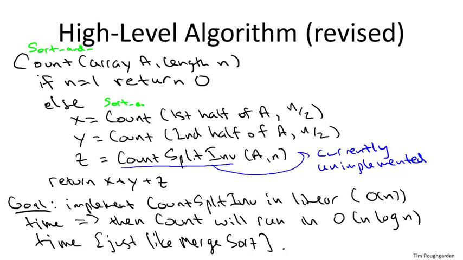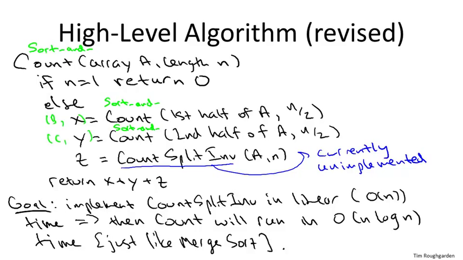And so now we know each of those will not only count the number of inversions in the subarray, but also return a sorted version. So out from the first one, we're going to get array B back, which is the sorted version of the array that we passed it. And we'll get a sorted array C back from the second recursive call, the sorted version of the array that we passed it.